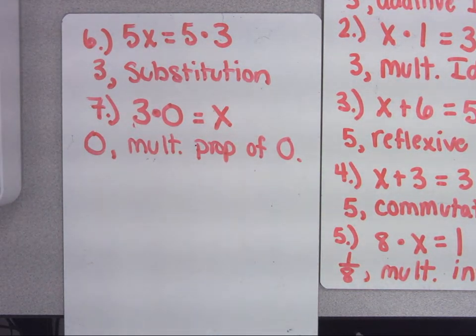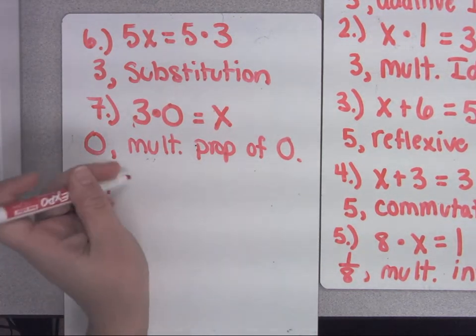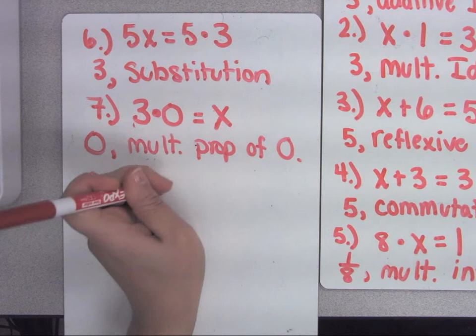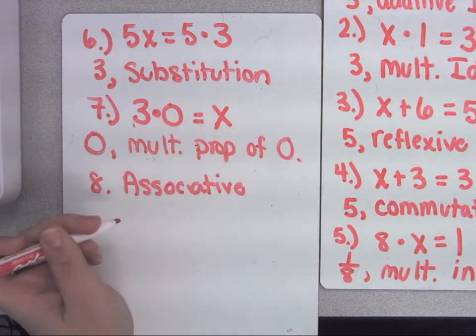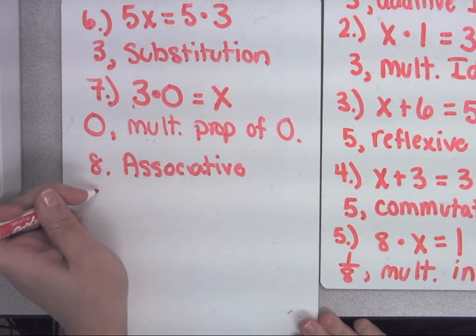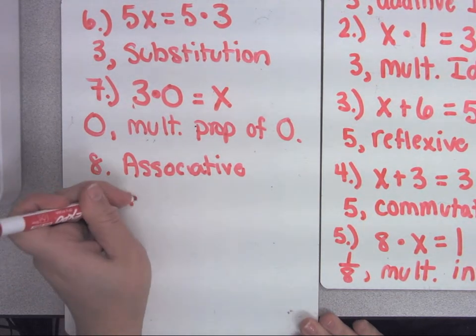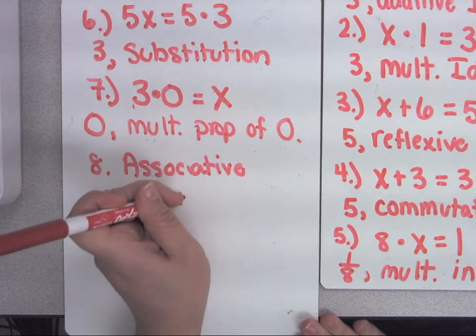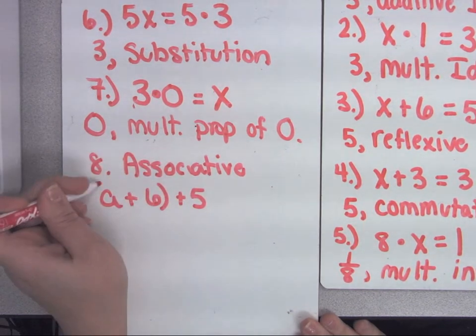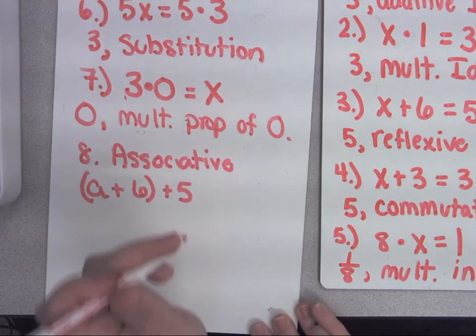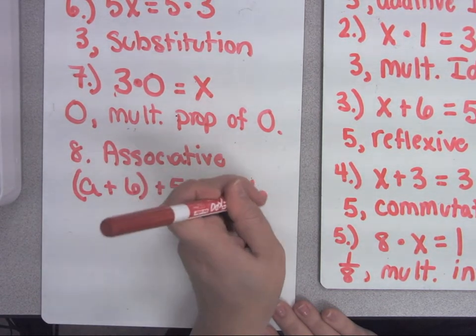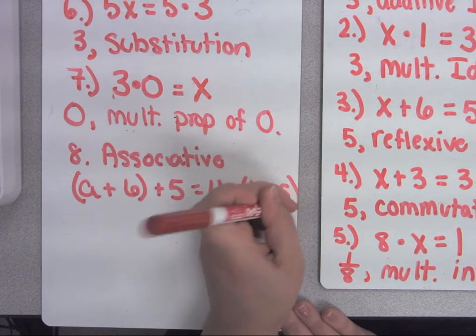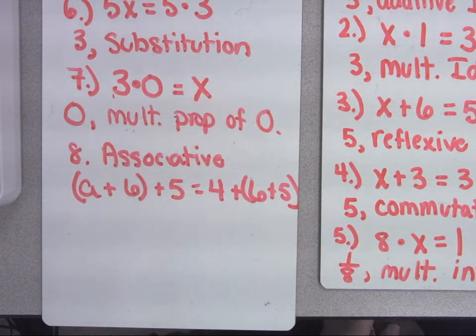Anything we did not do? I think we didn't do associative. Remember associative? We're about running out of time. Associative property looks like this. Remember? So if I have A plus 6 plus 5, and I put parentheses around A plus 6, equals 4 plus 6 plus 5 with parentheses around 6 plus 5.